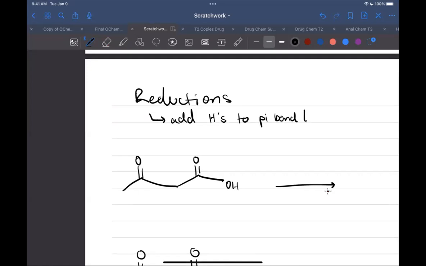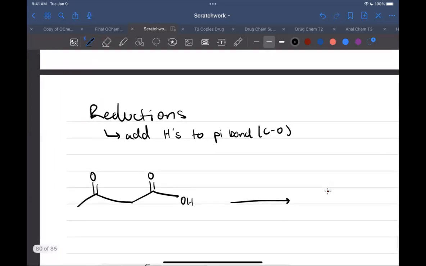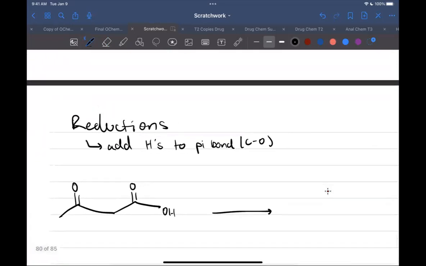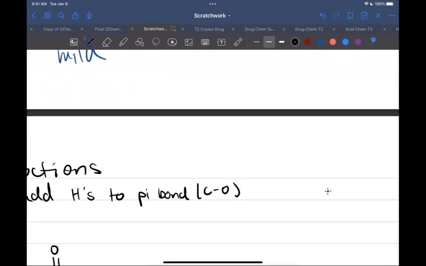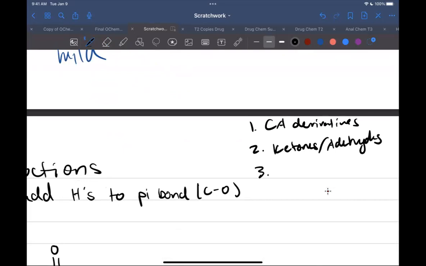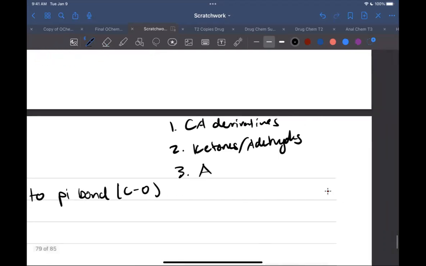Specifically, we add them to carbon-oxygen bonds, but most of the time we're going to see them as pi bonds, because that's what we've been dealing with: carboxylic acid derivatives, aldehydes, ketones. So if I were to redraw that list, we have carboxylic acid derivatives, ketones and aldehydes, and you have your normal pi bonds, not exactly carbon-oxygen bonds, but still double bonds that can be hydrated, alkenes, or hydrogenated, alkynes.